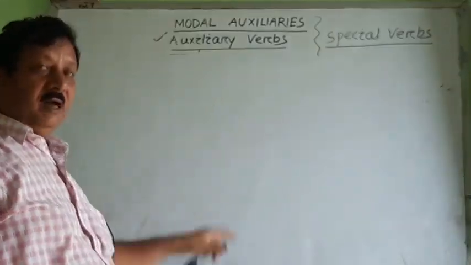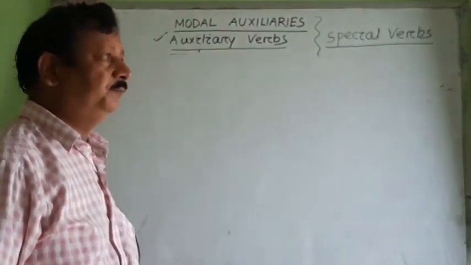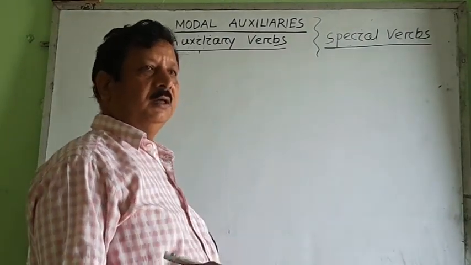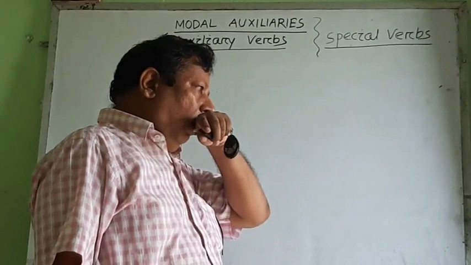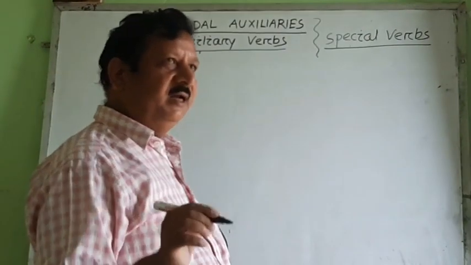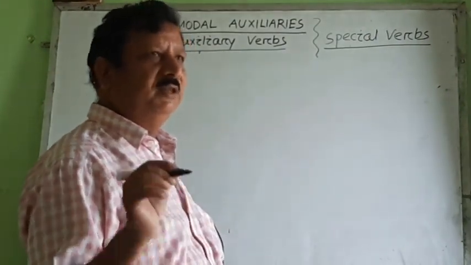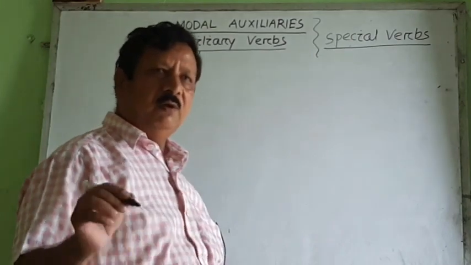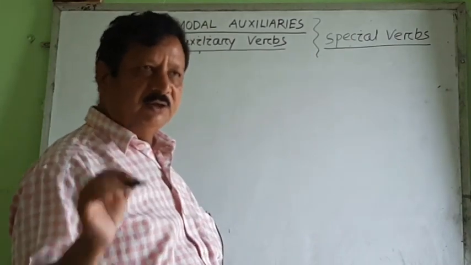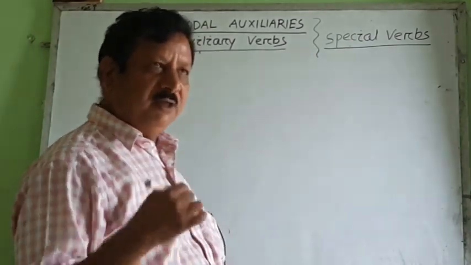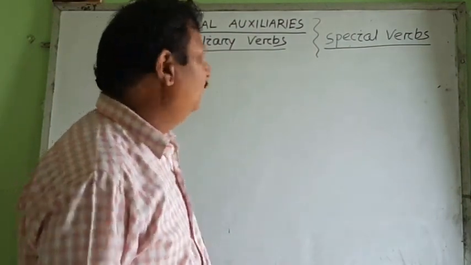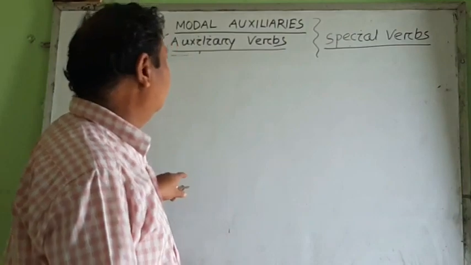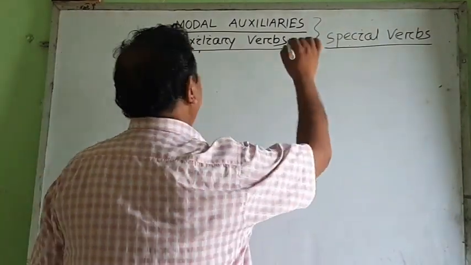So we should learn at least some of the terms labeled against each chapter. We should have conceptual clarity regarding the terms used for the chapter, so that whenever we refer to any grammar book, it will be easier for us to go through it and grasp the meaning.